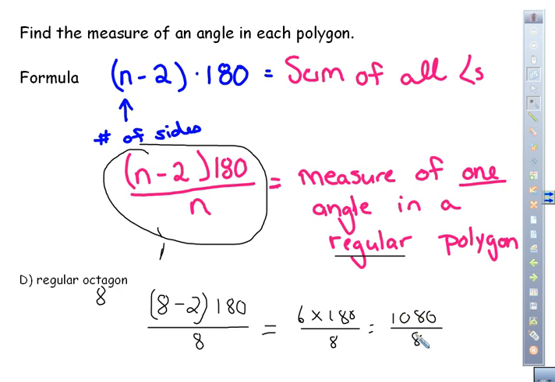So then you divide that by 8, and you get a total of 135 degrees. That is for one angle. Okay? Let's look at the next one.